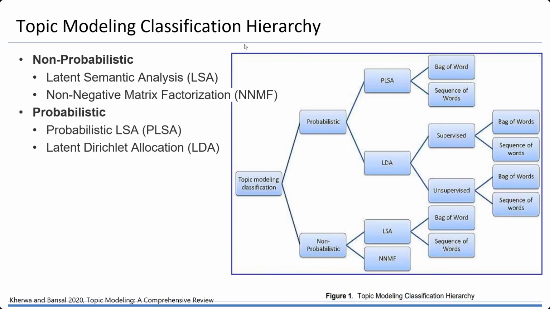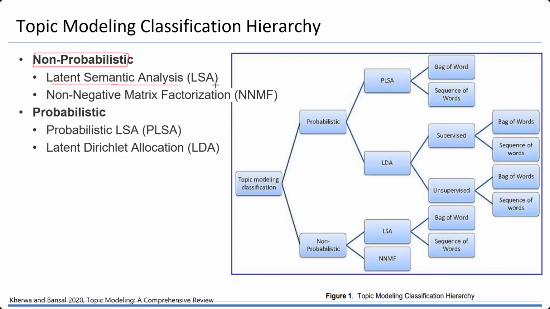So I'm going to continue about the topic modeling classification hierarchy. Yesterday we already learned there are some algorithms. The first is the algorithm related to non-probabilistic methods.